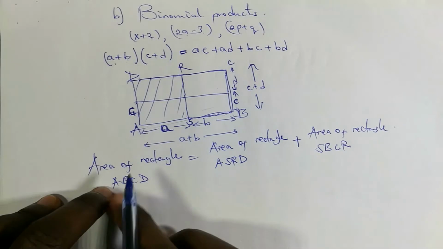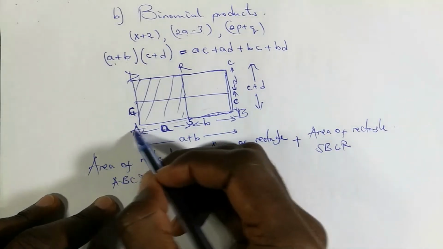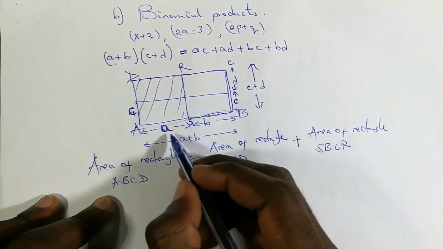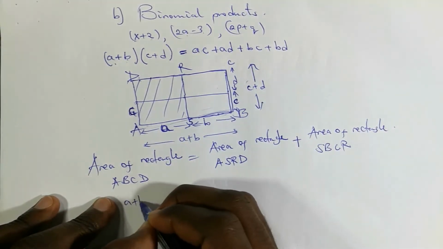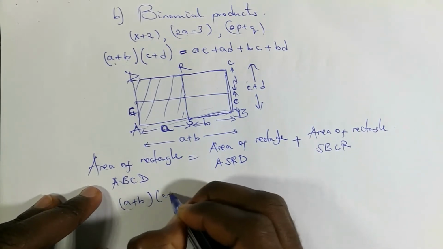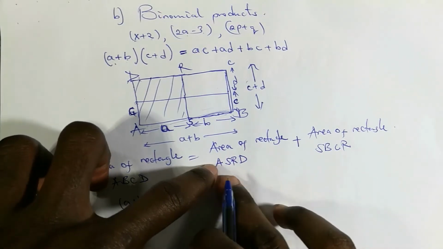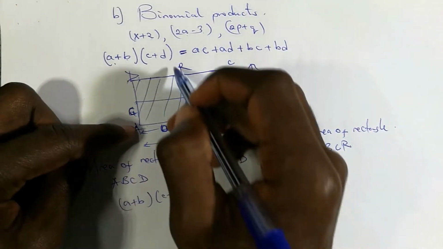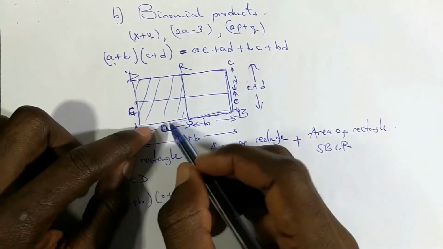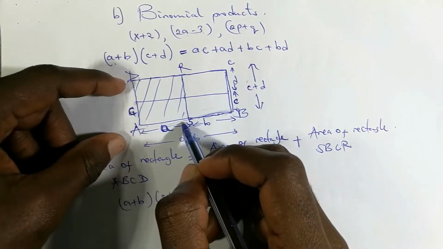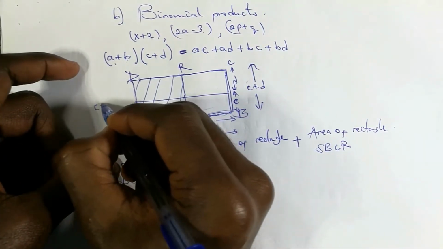And now we see that the area of rectangle ABCD is given by its length and width, which is A plus B times C plus D. So we have A plus B multiplying C plus D. Here the area of our rectangle ASRD is this one, where the length is A, and the width there is C plus D. This side is the same as this side.